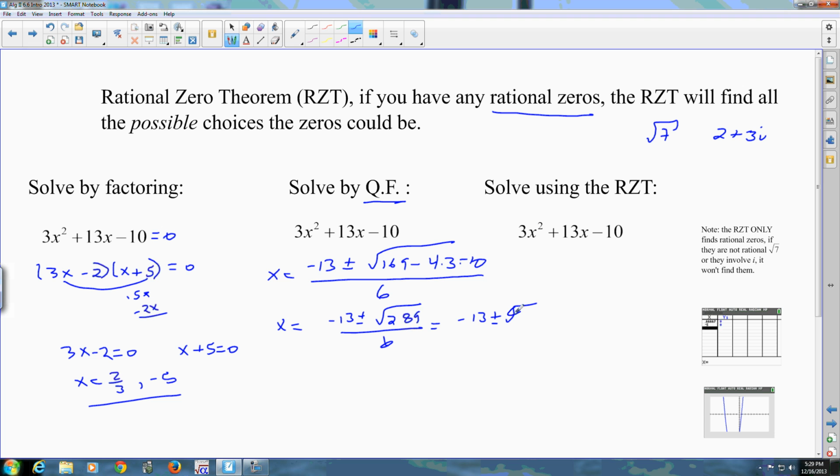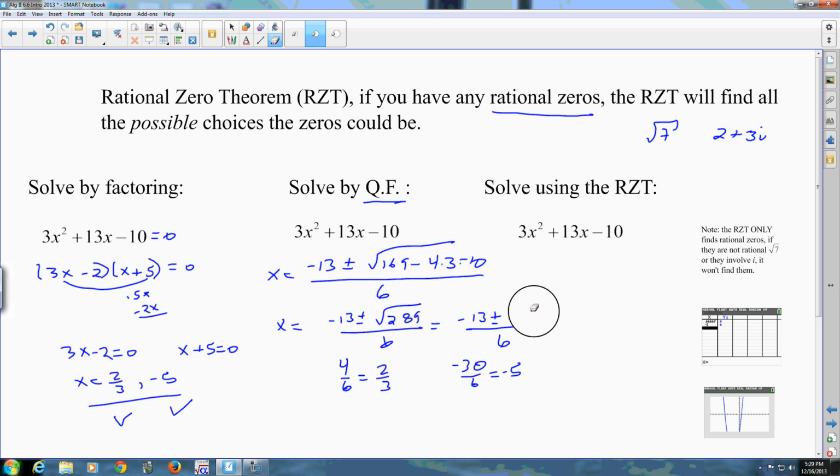I did it ahead of time. I believe the square root of 289 is 17 over 6. So -13 plus 17 is 4, over 6 is 2/3. So there's one of them, check. And -13 minus 17 is -30 over 6 is -5. So there's the other one. Okay? So I'm trying to show to you that it actually works.